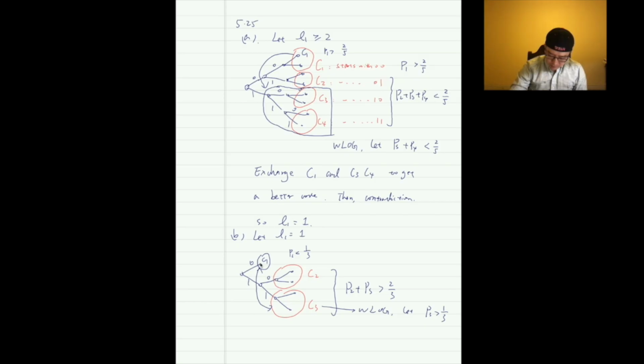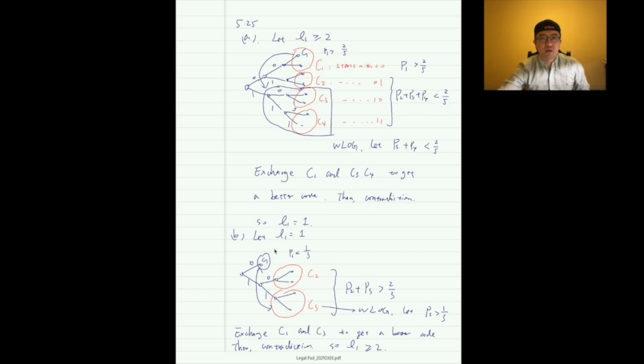This means that we exchange C1 and C3 to get a better code. Therefore, we'll have a contradiction. Therefore, L1 has to be bigger than or equal to 2. Then we finish our proof. All right, so this is the proof of this one.